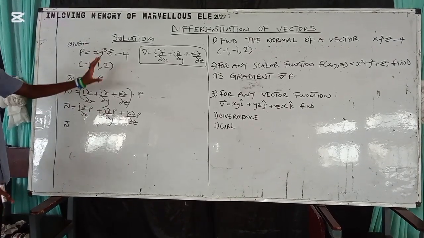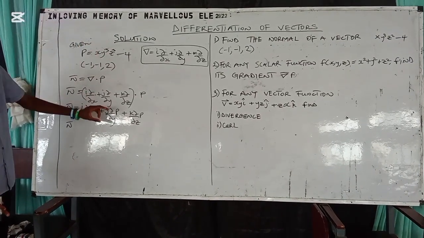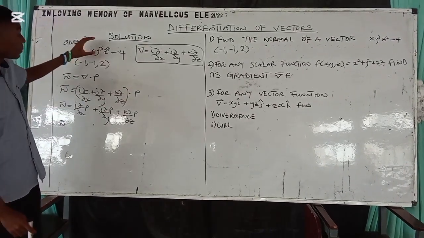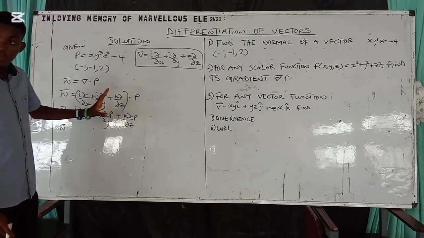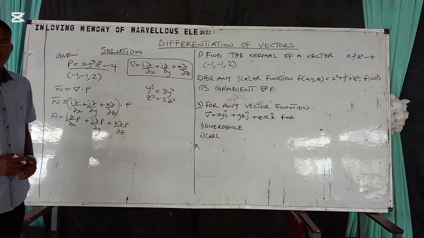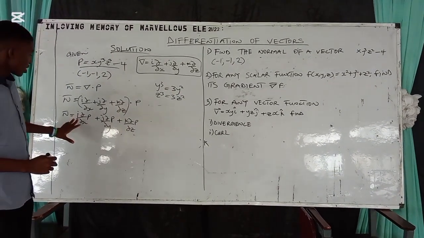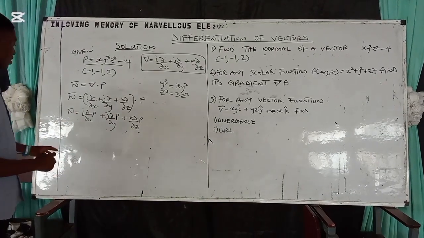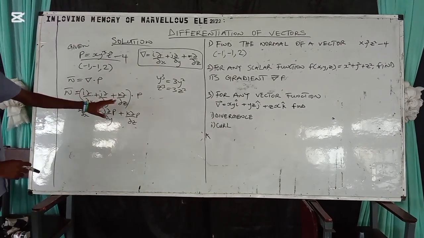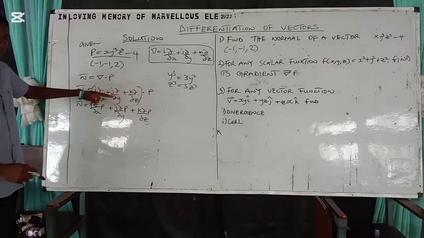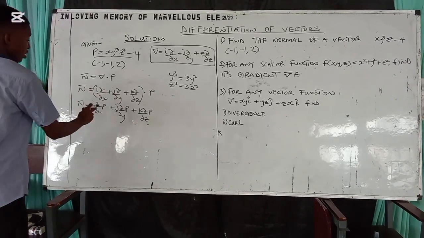For the j, differentiate your p, which is a vector, with respect to y. And for the k, differentiate your p with respect to z. We just expand this bracket, as p multiplies everything inside it. So now let's put in our value of p.